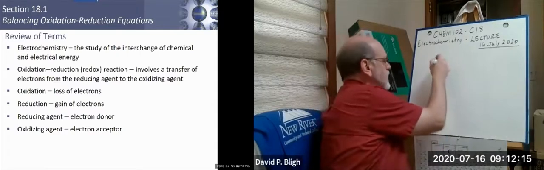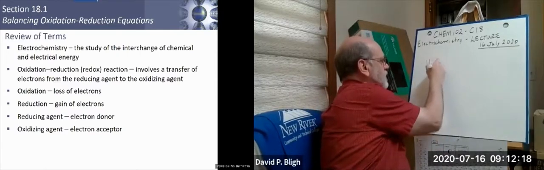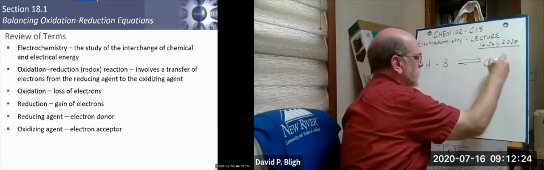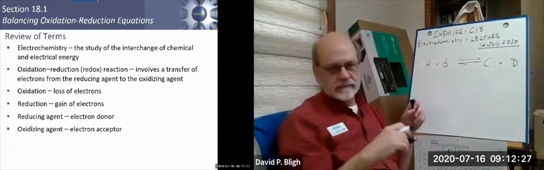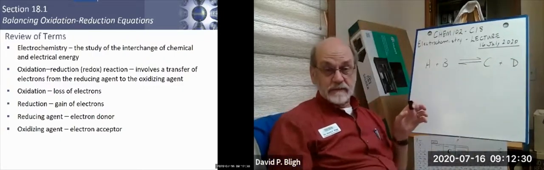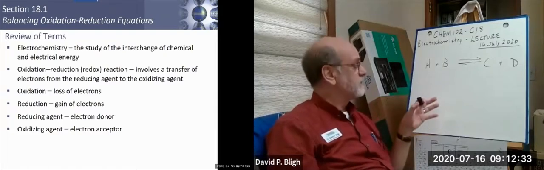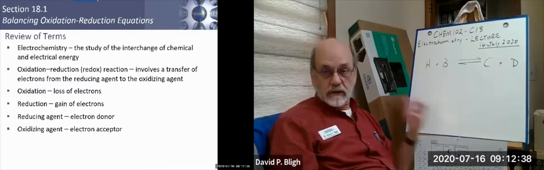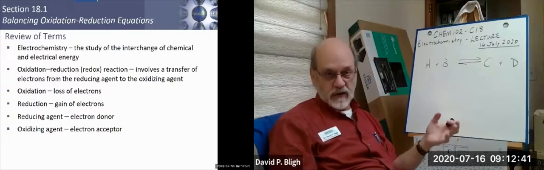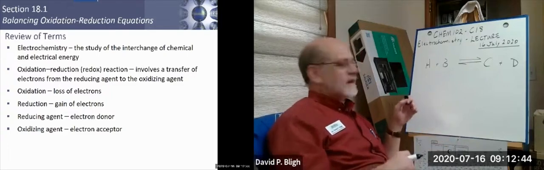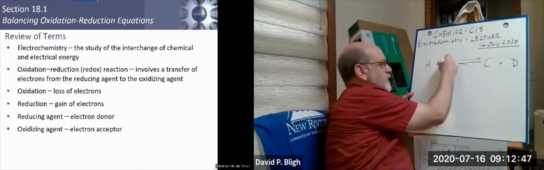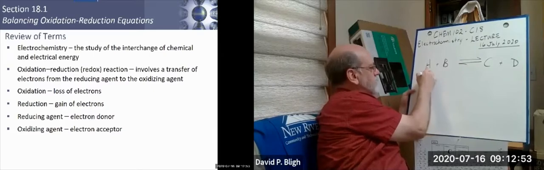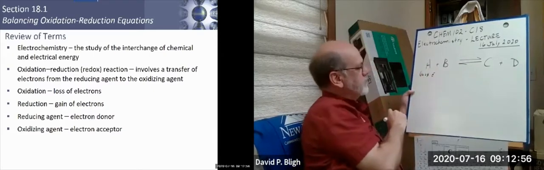So whenever we have a reaction that involves these reactants and these products, what can happen, doesn't have to happen, but what can happen is that one of these reactants can either lose electrons or gain electrons. And let's just, for the argument's sake, say that this one loses an electron. We have a loss of an electron here.